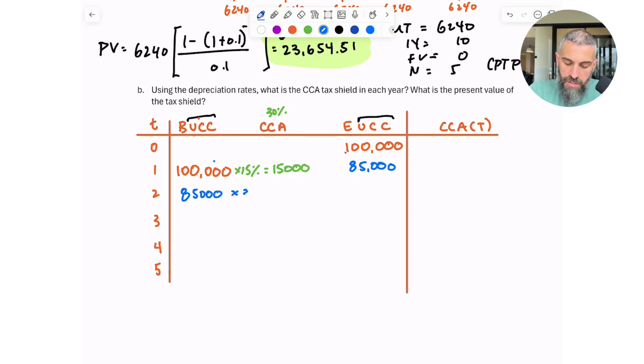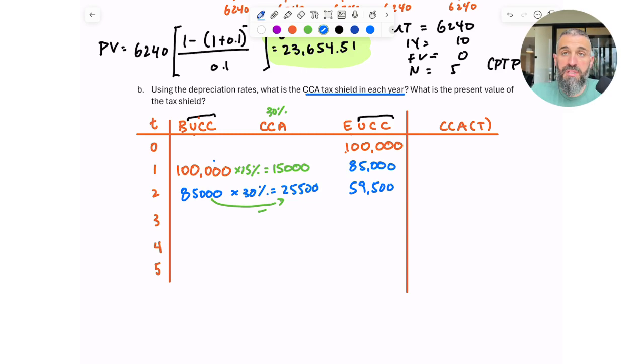And then for every year moving forward, we use 30%. So now your depreciation in the second year is 25,500. And now if I do 85,000 minus that, my ending balance is 59,500.